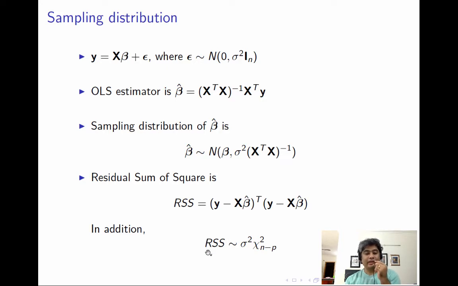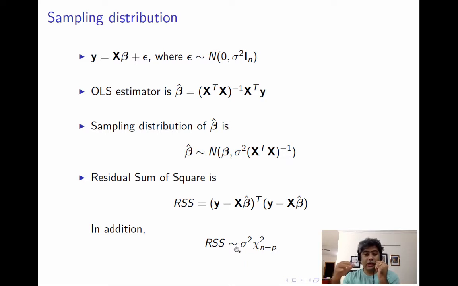So the residual sum of squares is a scaled chi-square distribution with n minus p degrees of freedom, and the scale depends on sigma square.